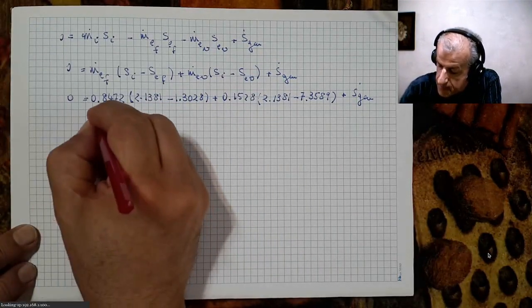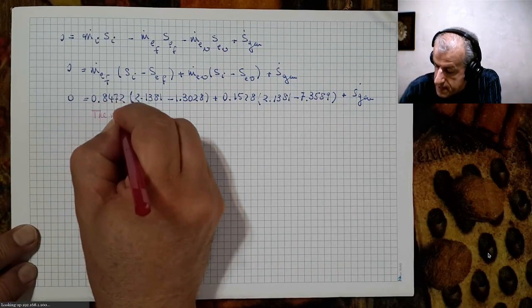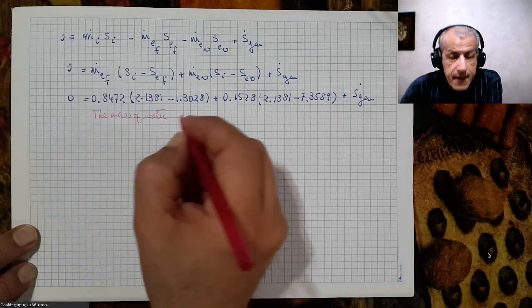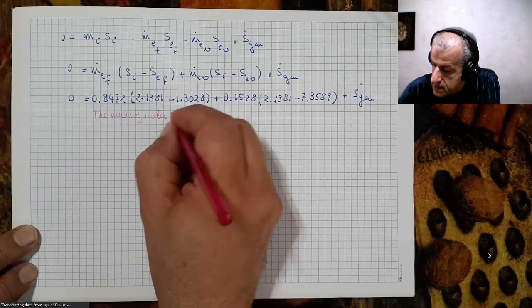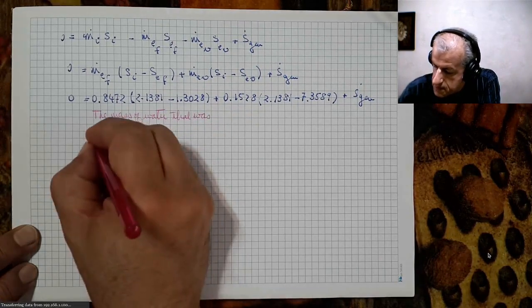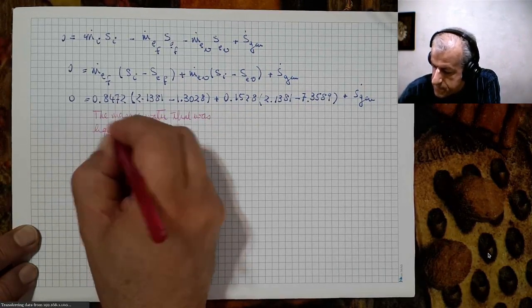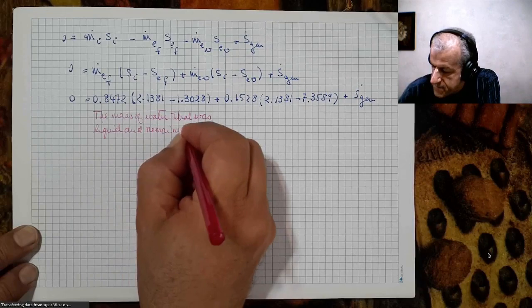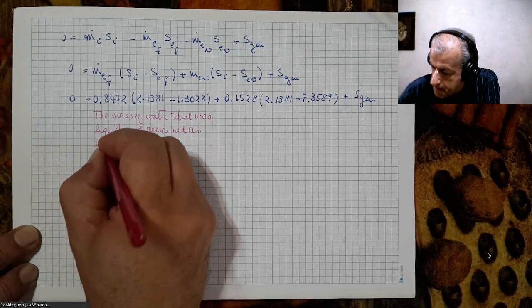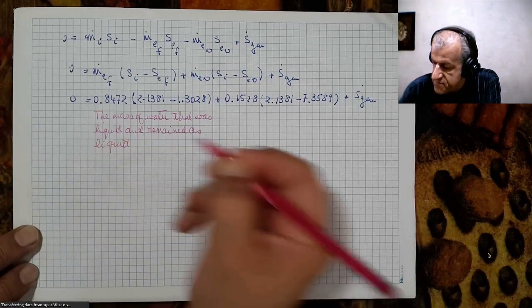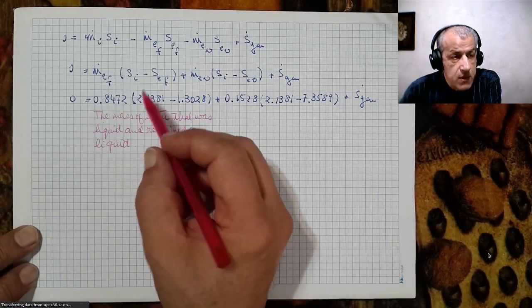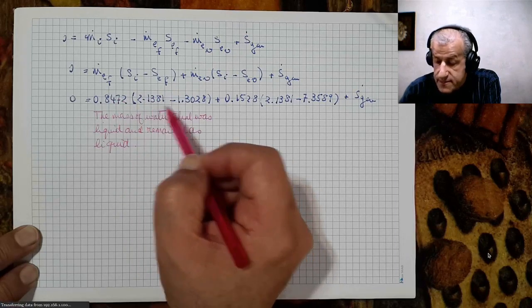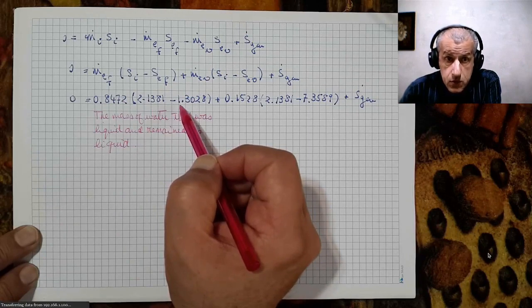This term is the mass of water that was liquid and remained as liquid, and you can see that its entropy is reduced.